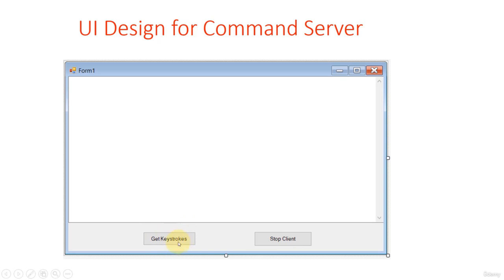When you click the get keystrokes button, it will display the keystrokes inside the text box. These keystrokes are the ones typed on the keylogger client red machine. The stop client button, when clicked, will terminate and shut down the client red.